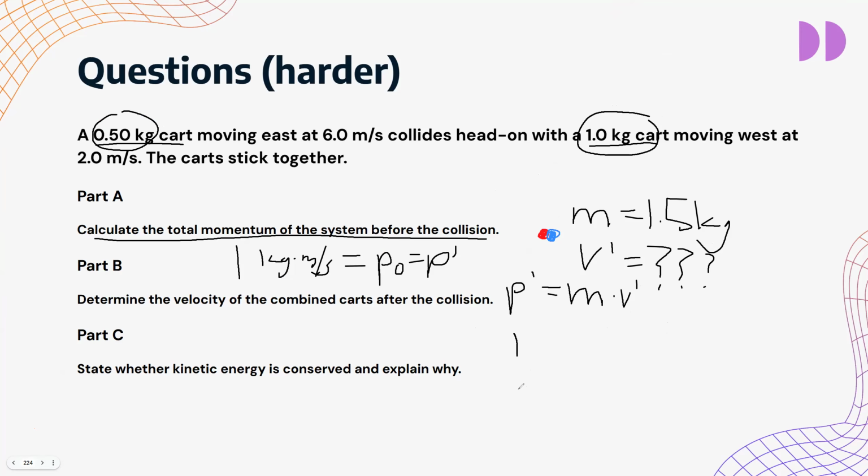So here we know 1 is equal to 1.5 times this new velocity, and this is 1 over 1.5, which equals 0.666. Oh wait, it's lagging. Okay, wait, it's not letting me draw. Okay, it's equal to 0.666.